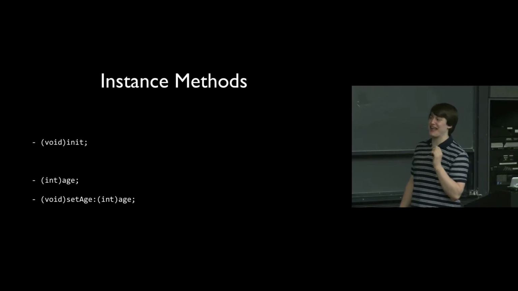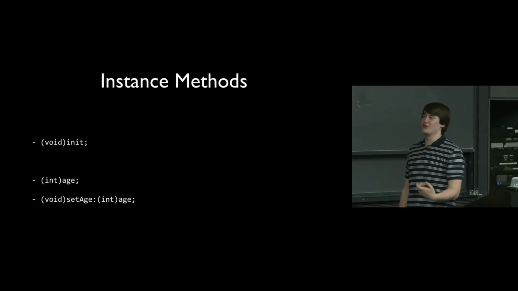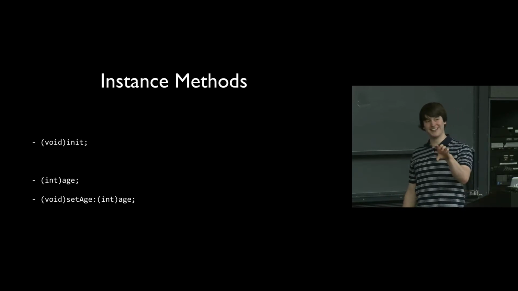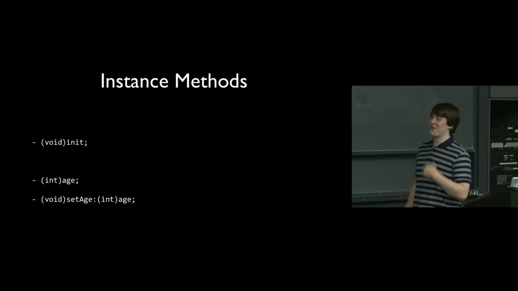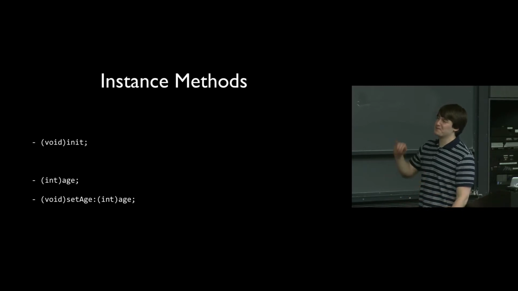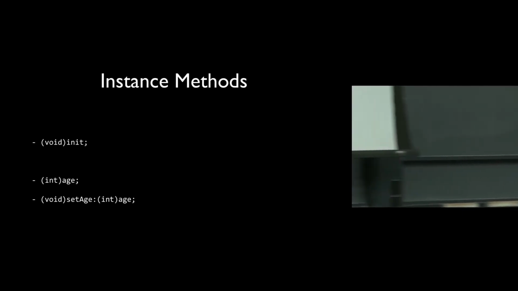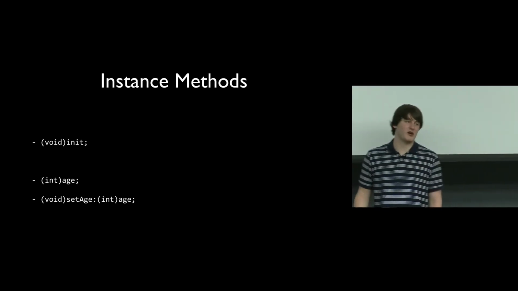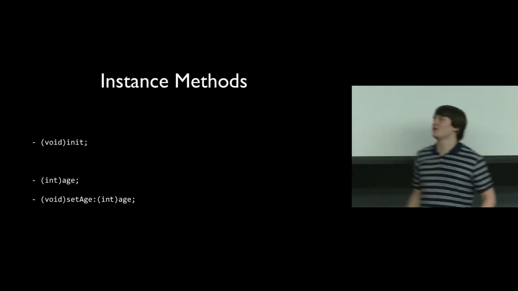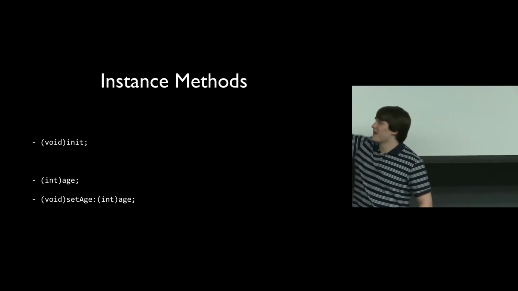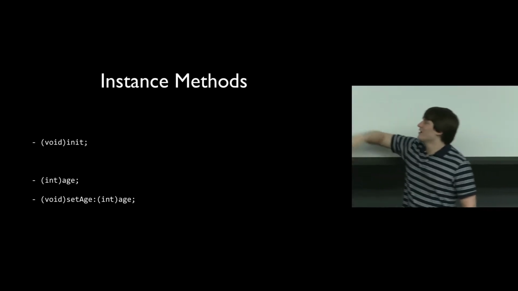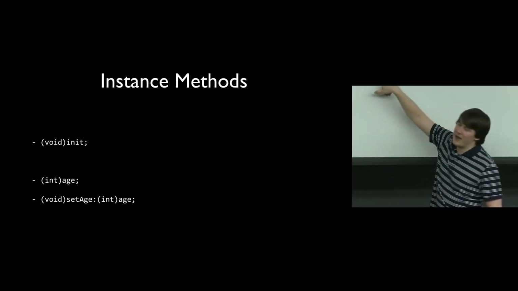And then technically the name of the last method is going to be setAge:. We'll see why. This age is what we're just going to call that variable, and this is the type of that variable. So this method isn't going to return anything. It's called setAge:, and we would pass it some integer.